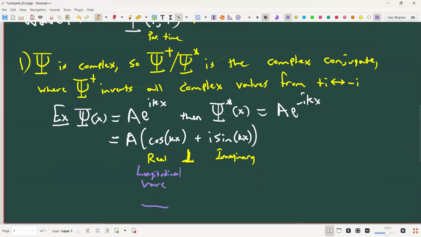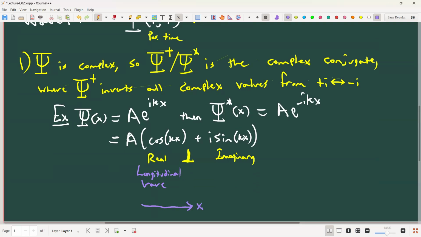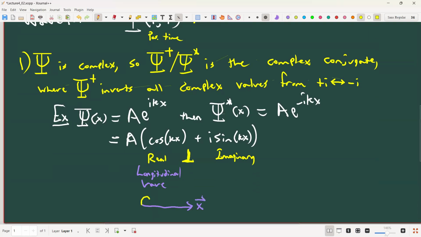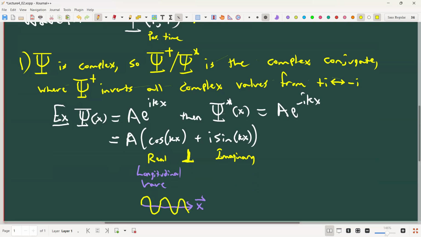The idea is that you have some motion in this direction, and the wave is propagating along and oscillating along that vector, just like a water wave.